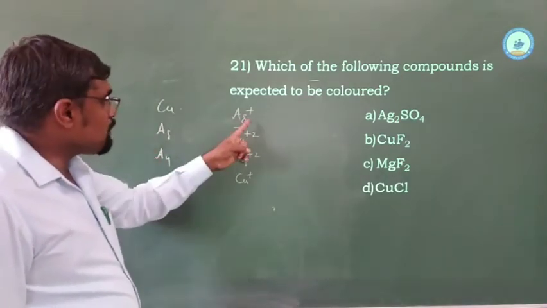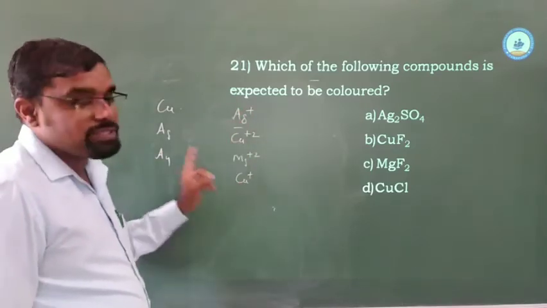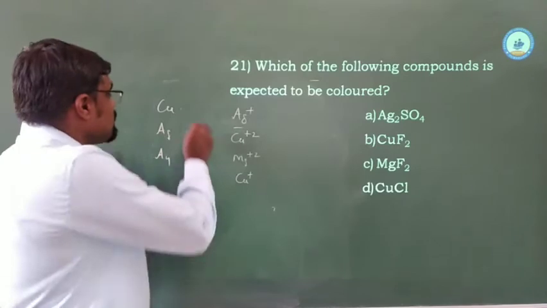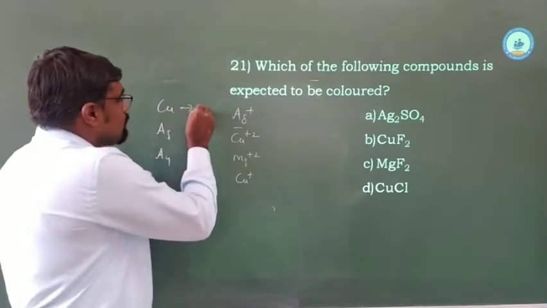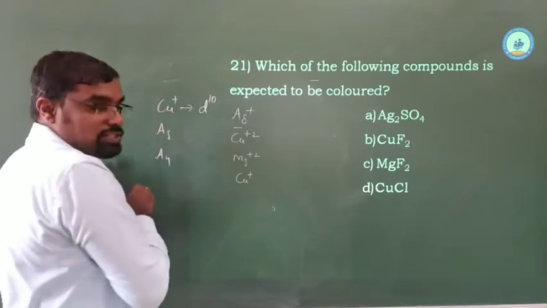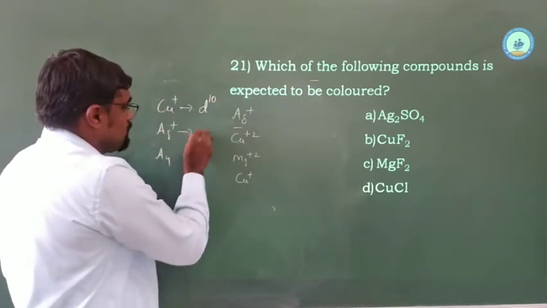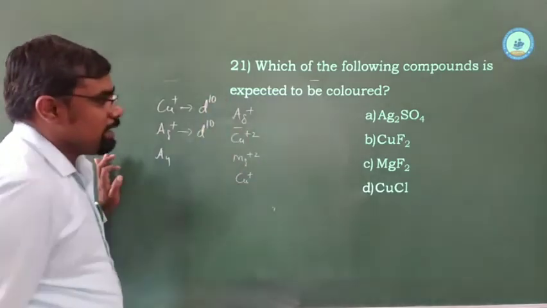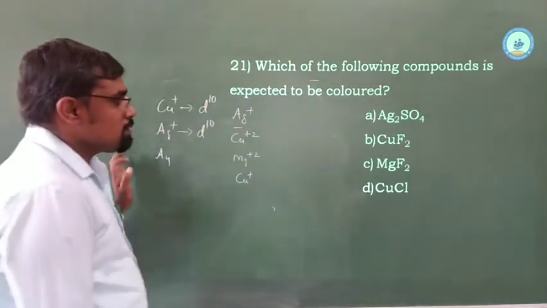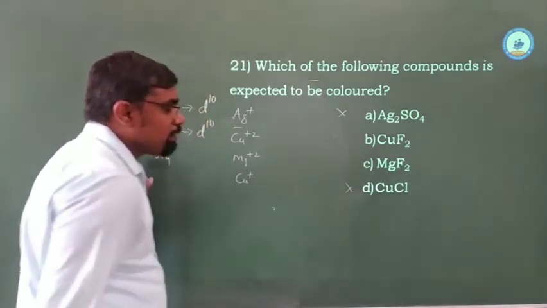Okay, so in plus configuration, Ag plus and then Cu plus, both are having the same type of configuration in the d orbital, that is d10. That is in plus oxidation state, and this is also in plus 1 oxidation state. That is d10, so this is not showing color, and it is also not showing color.